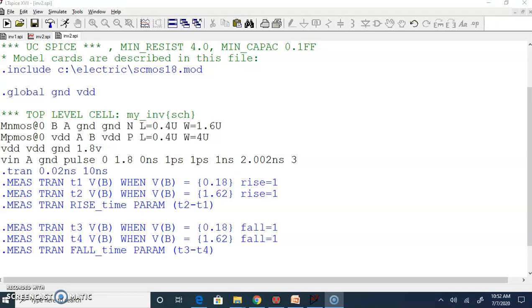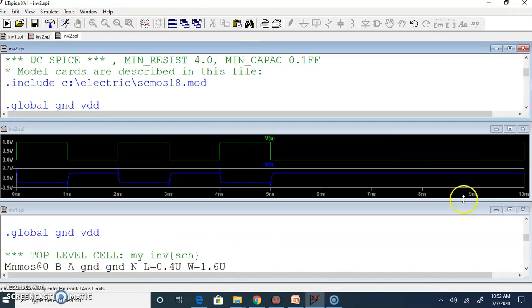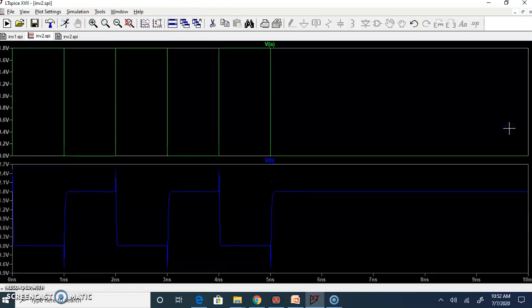Now again I'll take you to LTSpice, and for the second inverter I'll show you the measurement. I'll add similar lines after my transient analysis and run my simulation. You can observe this simulation was for 3 cycles, but the running time is still 10 nanoseconds.